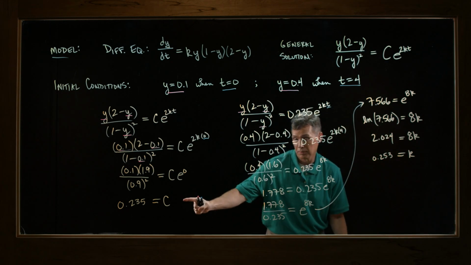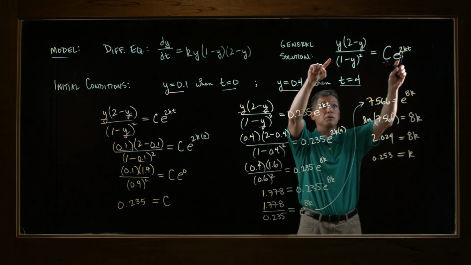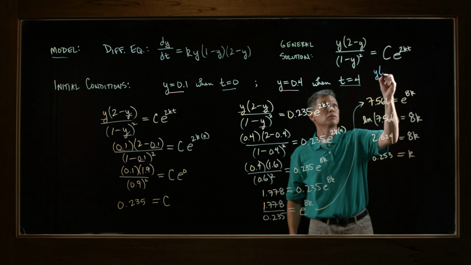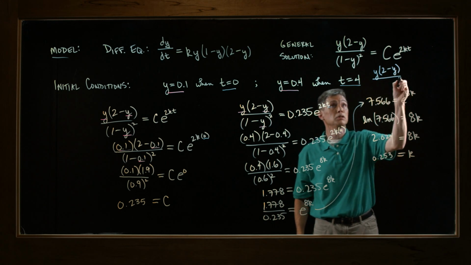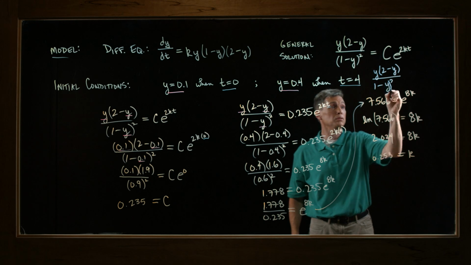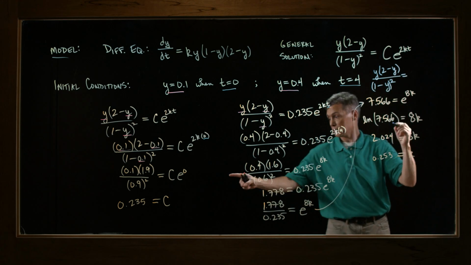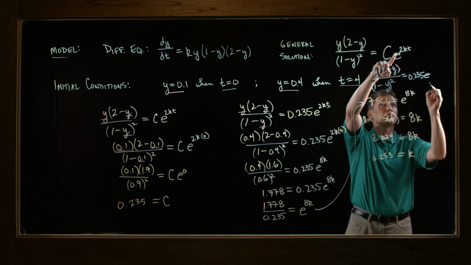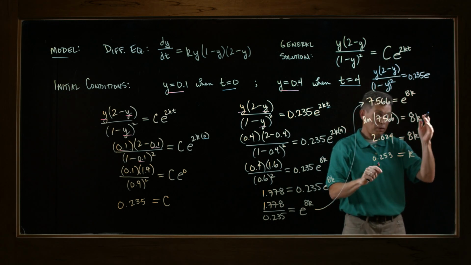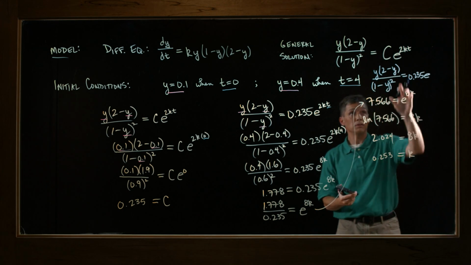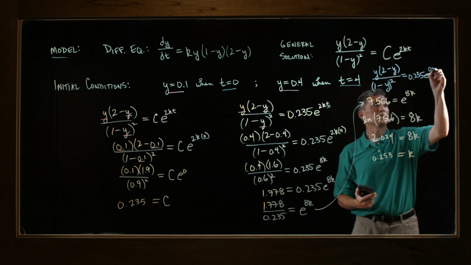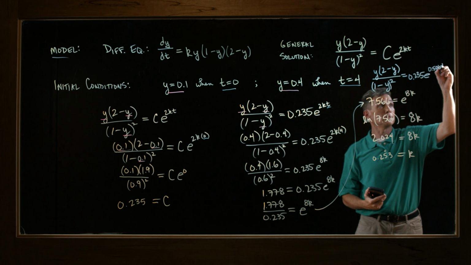I have my value of c. And so what I'm looking to do is go to the general solution now and put in those specific values. y(2 - y) divided by (1 - y) squared equals c, 0.235, e raised to the 2 times k. 2 times k, I'm going to grab my calculator for that too. 2 times 0.253 is 0.506, so 0.506 t.